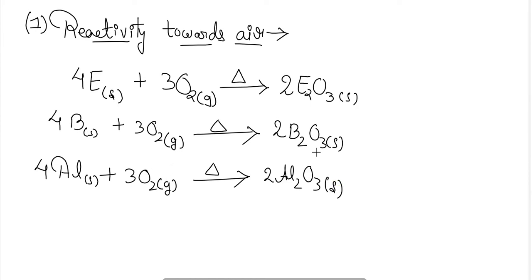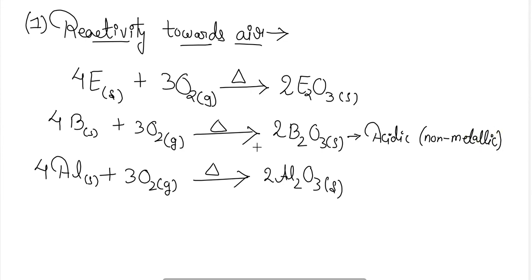The nature of the oxides formed by boron and aluminium: they are generally amphoteric, especially aluminium oxide. While boron trioxide is acidic and reacts with bases only. It has an acidic nature because it has more non-metallic character.